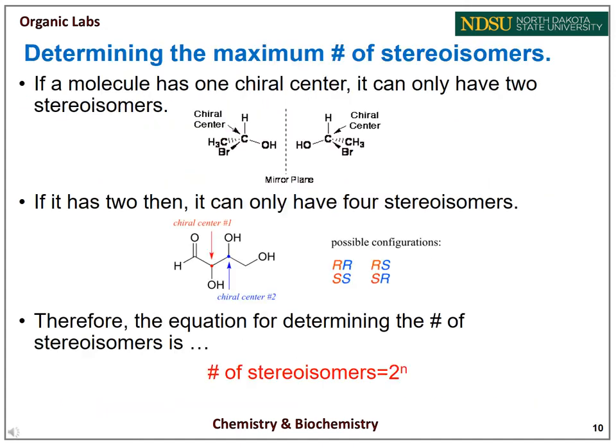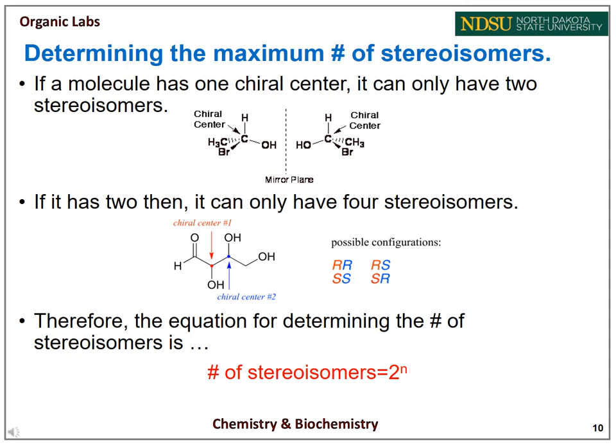When determining the number of predicted stereoisomers, it is useful to have a method to calculate how many there are predicted to be. For example, if a molecule has one chiral center, then it can have two stereoisomers.